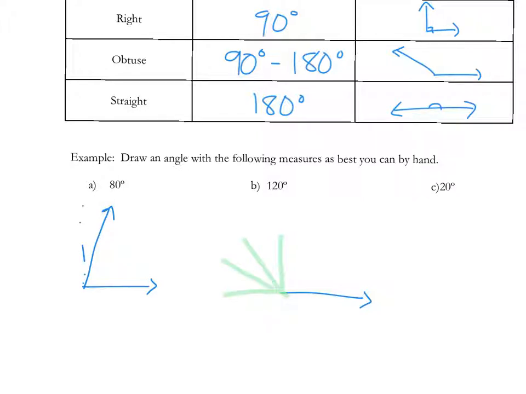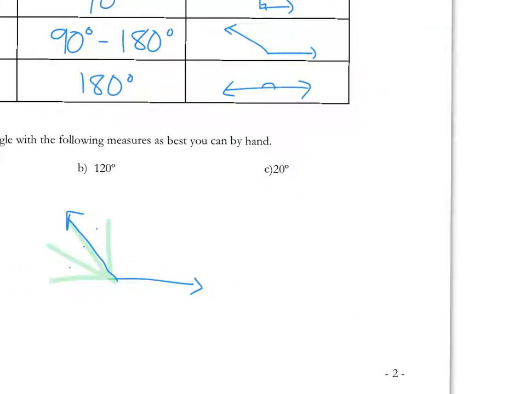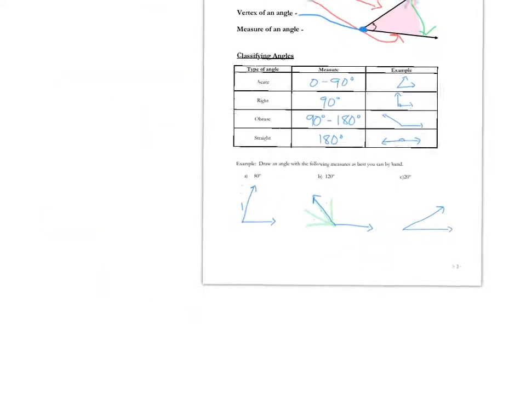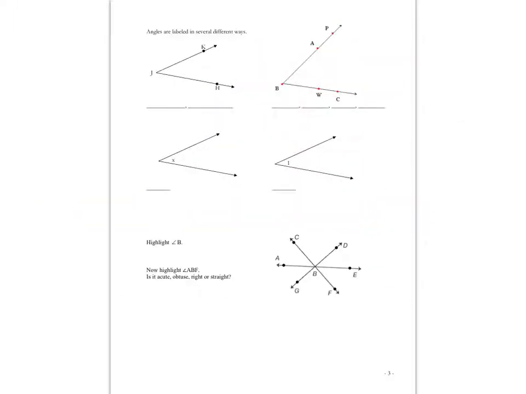So if I cut that in thirds, my 120 would be here, because if this is 30, 30, 30, that would give me 120. 20 degrees, half of 90 is 45, half of that is 22.5, so that's pretty close, so a little bit less. So if I just get rid of that, and there you go. So that's kind of how I estimate angles and how I measure angles.